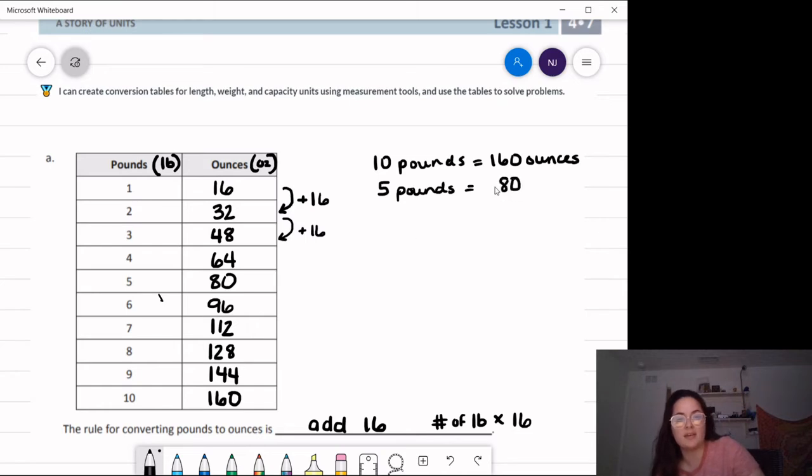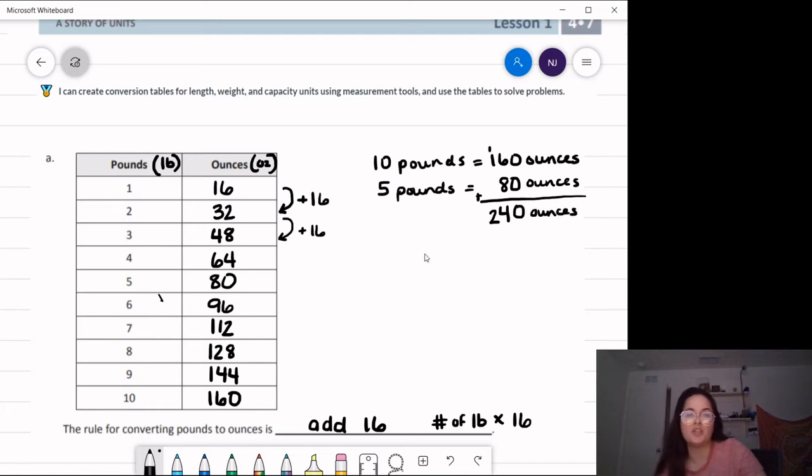So we can add, because 10 plus 5 is 15, so that would give you 15 pounds. We could add these ounces together to give you how many ounces are in 15 pounds, and we would get 240 ounces.